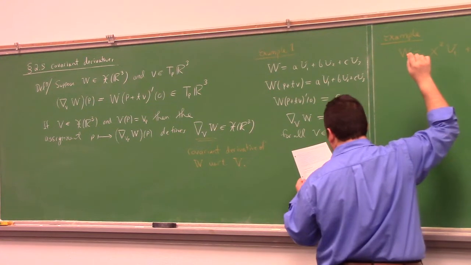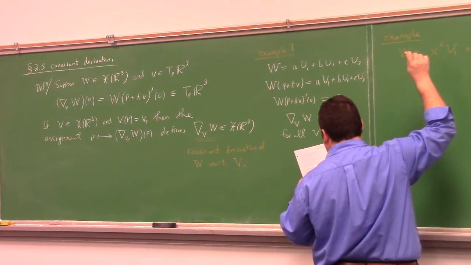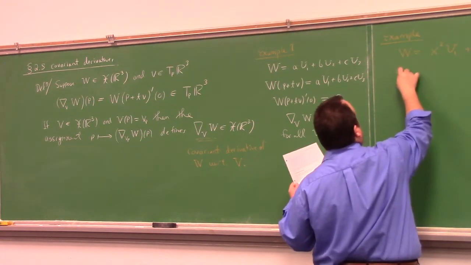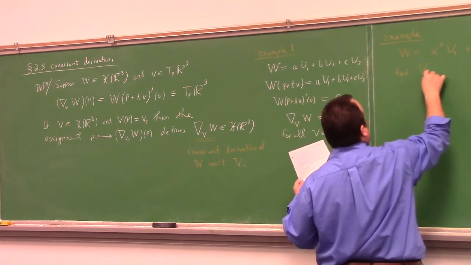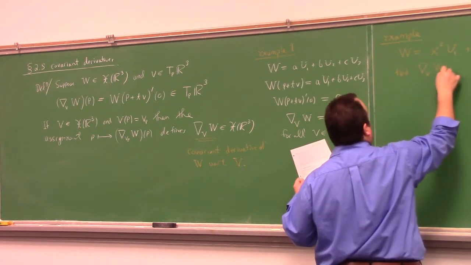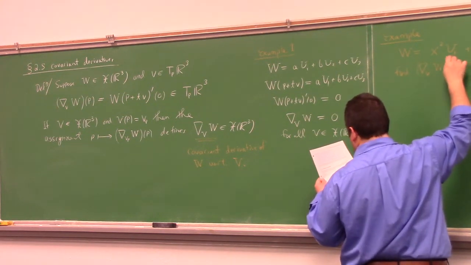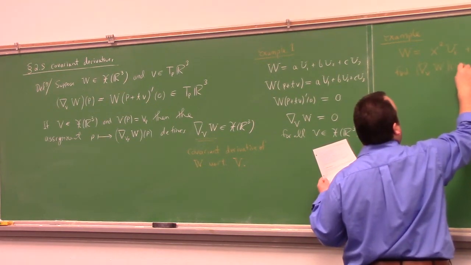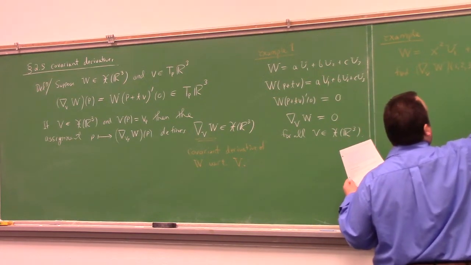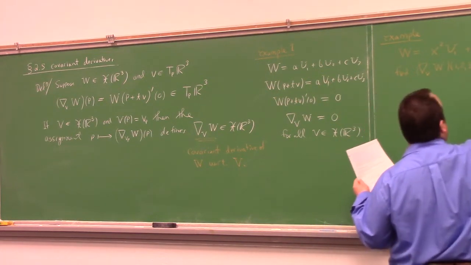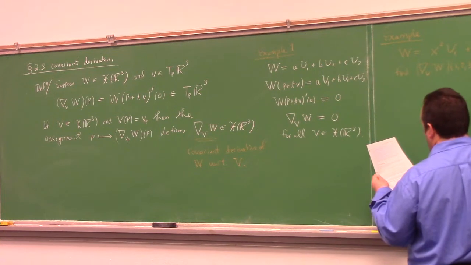And I want to find the covariant derivative in the v direction, W, at the point 1, 2, 3. And my little vector v is 2u2 plus u3.